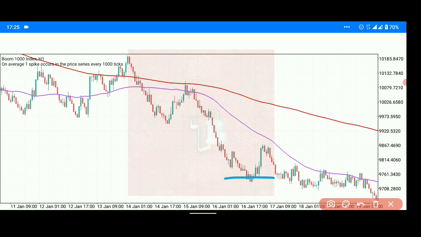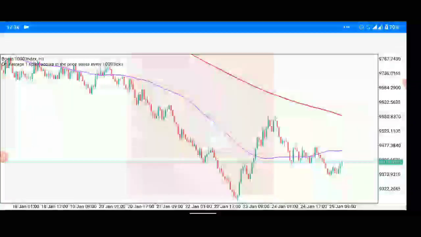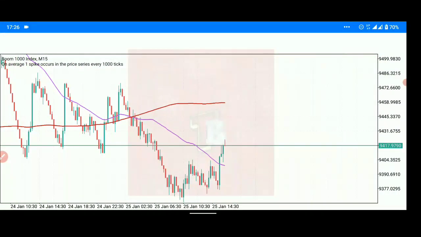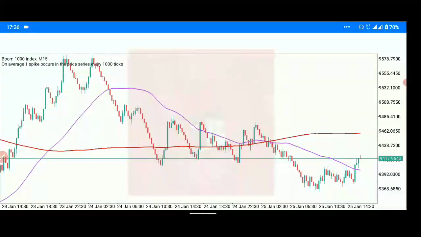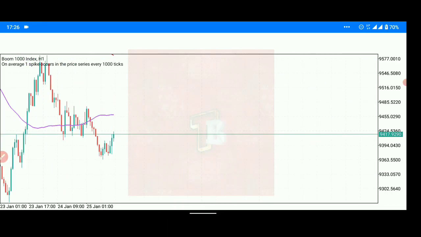We use this for our short-term confirmations. When we go down to 15 minutes, you see our short-term confirmations. Therefore we'll go back to the 1 hour time frame.